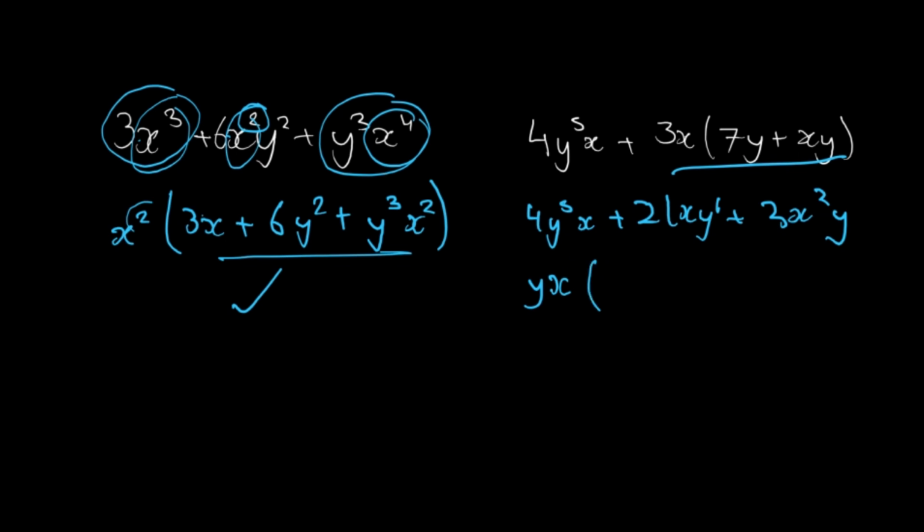Then you divide each time by xy or yx, so 4y to the power 4 plus 21y to the power of 5. Actually, hold on 1 second. Alright, yeah, this will be 21, and then the rest would be 3x. So this will be your answer.